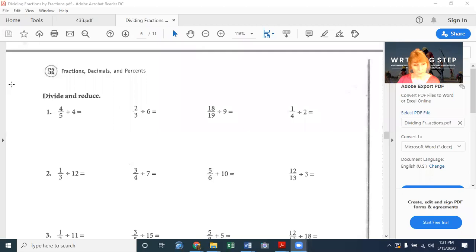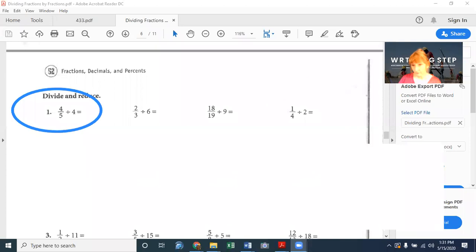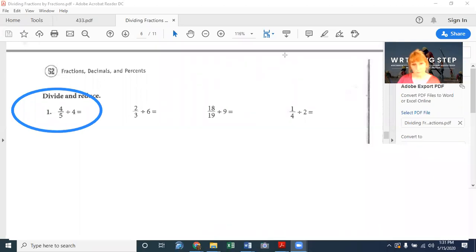We'll circle that. 4/5 divided by 4. Notice how the whole number is coming second this time. So what we're going to be doing, we're going to make some white space for us. And we are going to rewrite it as 4/5 divided by, what do we do with the 4? 4 over 1.